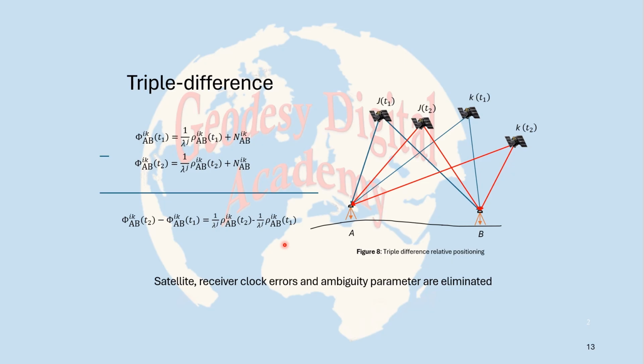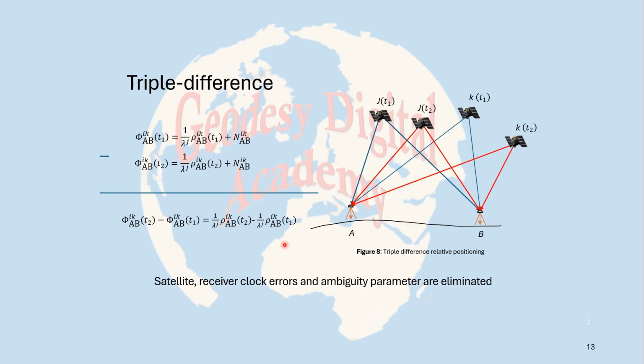But the question is, is this method good for positioning? Actually, by eliminating the ambiguity parameter, which is a physical parameter of the equations, you will reduce the sensitivity of the model to the measurements. Also, in all differencing methods, by differencing equations from each other, we create correlations between the measurements and the equations.